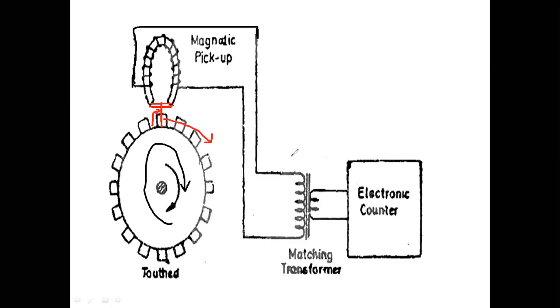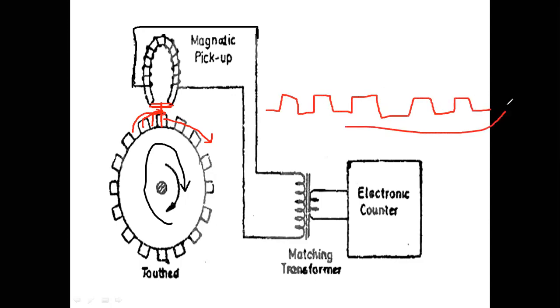I will get output 0. When again a tooth comes into the middle of the air gap, the conductor again cuts the flux. When an air gap comes, there is nothing to cut the flux. Therefore, I will get output like this: high voltage, low voltage, high, low, high, low.